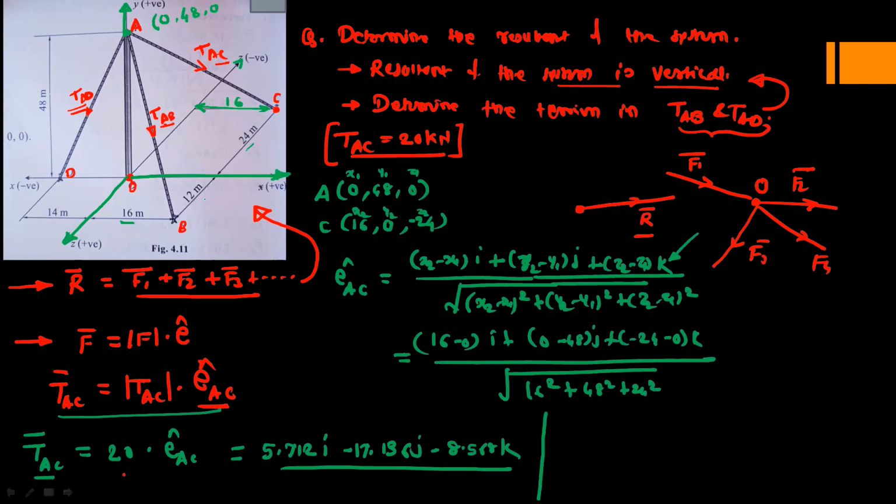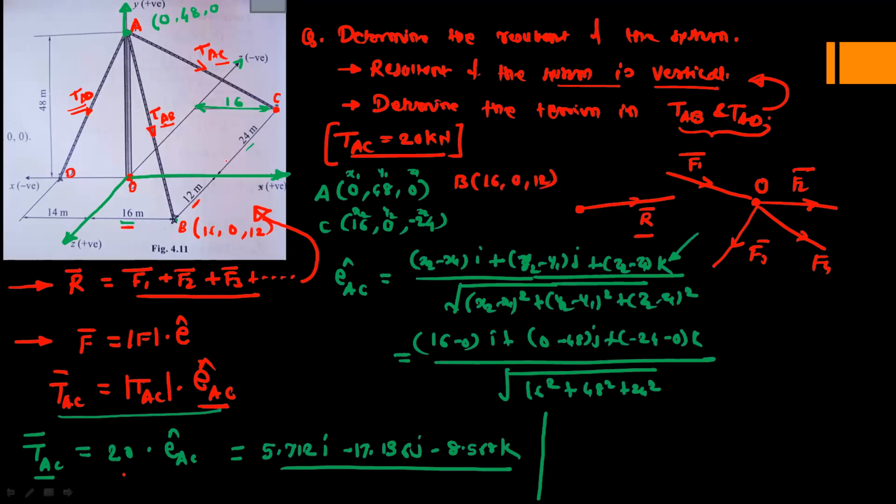Now for tension AB, we have to find the coordinates of the point B. For the point B, its y coordinate is 0, its z coordinate is 12 meters along the z direction, and its x coordinate is 16. So for the point B, we have 16, 0, 12.